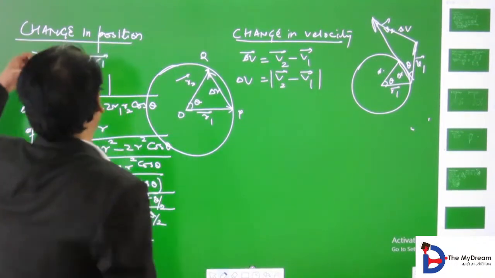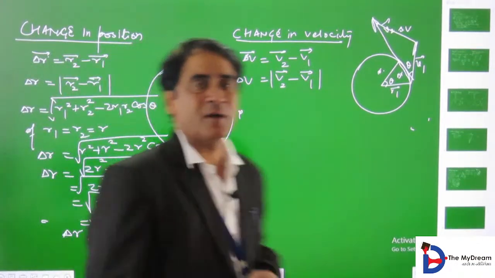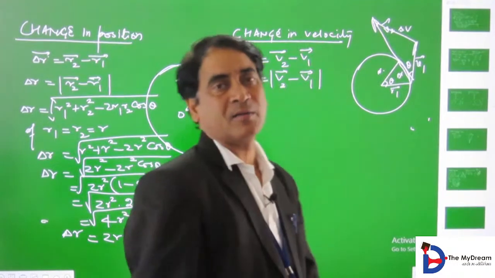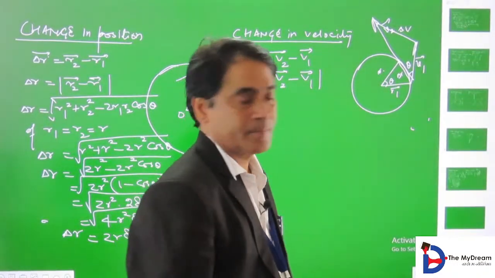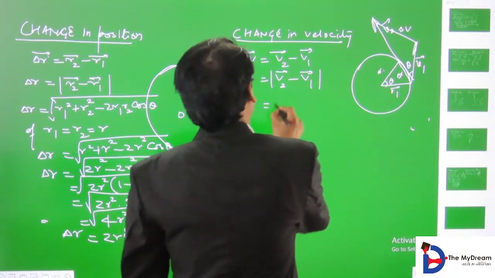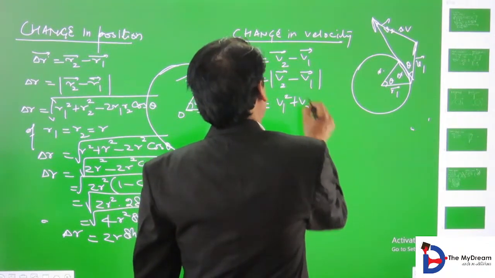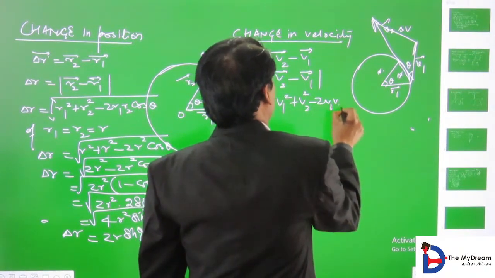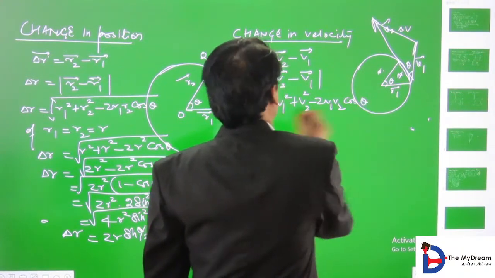As you discuss the change in position, similarly you can obtain the magnitude of the change in velocity. So v1 square plus v2 square minus 2v1 v2 cos theta.